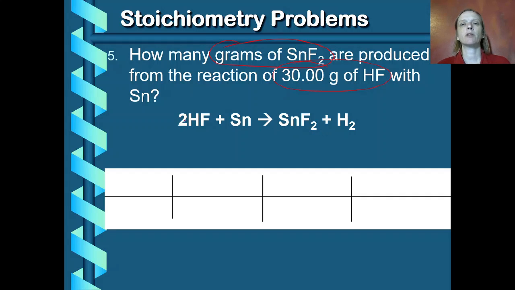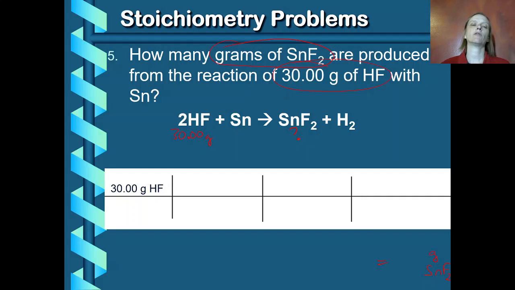Here I'm starting with hydrogen fluoride. I know I've got 30.00 grams of that substance, and I know I'm trying to calculate the number of grams of the tin 2 fluoride. So I'm going to start with my 30 grams of hydrogen fluoride, and I know I'm trying to convert to grams of tin 2 fluoride.